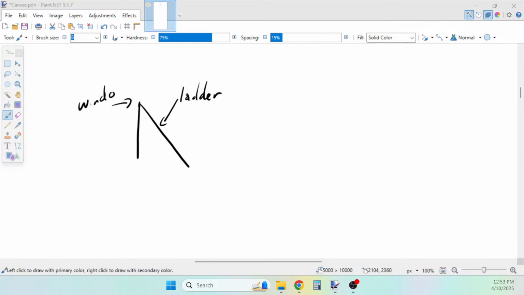The building is at an angle of 108. So we have this angle is 108.